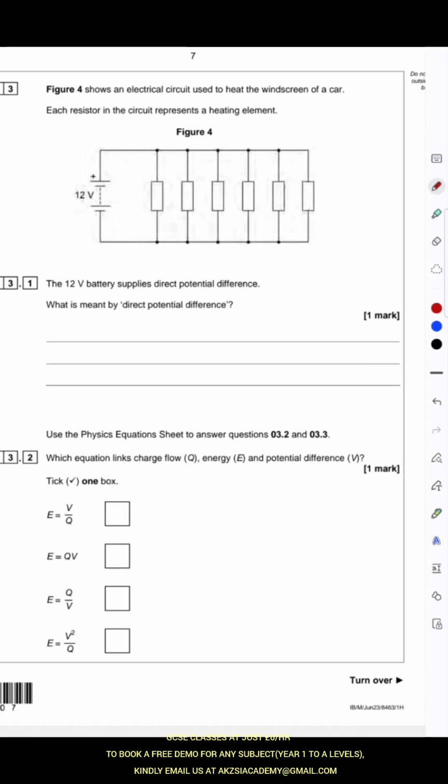Or a more technical way of writing it is, the polarity of the potential difference doesn't change. Polarity means positive, negative, the direction. In case of magnets, polarity is north pole, south pole, that's called polarity. So the polarity of the potential difference doesn't change.